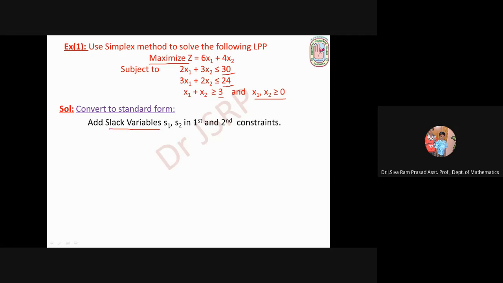Add slack variables S1, S2 in the first and second constraints. And since the third one is greater than or equal type, we subtract a surplus variable S3 in the third constraint.